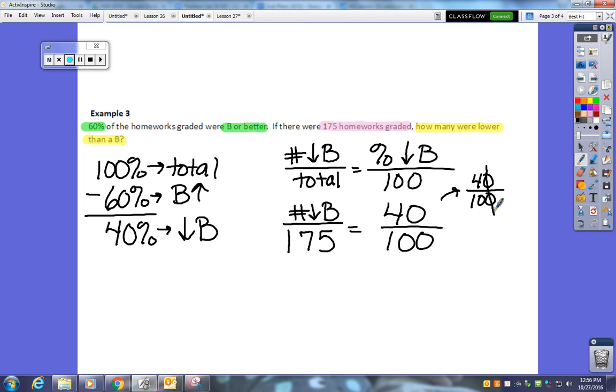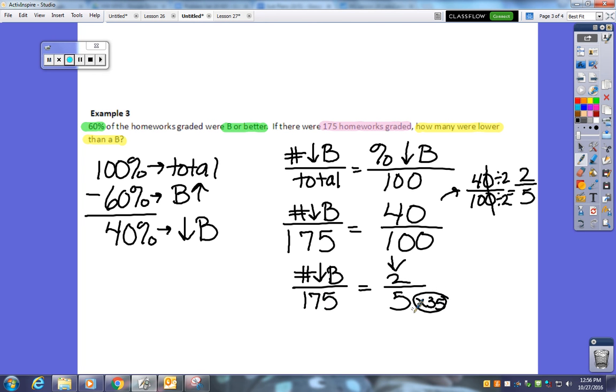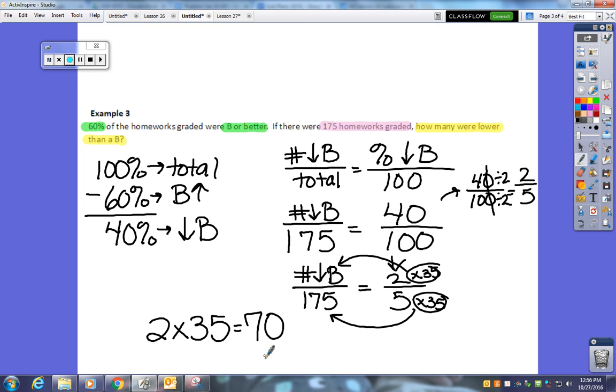Since 10 doesn't go into 175, I will simplify further by dividing both by 2 to get 2/5. 5 times 35 is 175. 2 times 35 will give us the number of B's, or I'm sorry, the number less than B, which is 70, scored lower than a B.